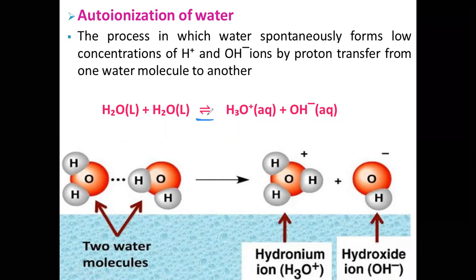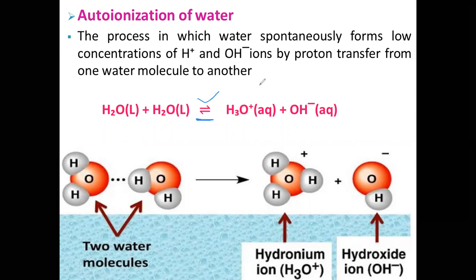So this autoionization reaction forms an equilibrium condition after some time, because whenever this type of bond is present in any reaction, that means it is a reversible reaction. And as we know, in a reversible reaction the formation of equilibrium takes place at some time. So this reaction also forms an equilibrium condition after some time.